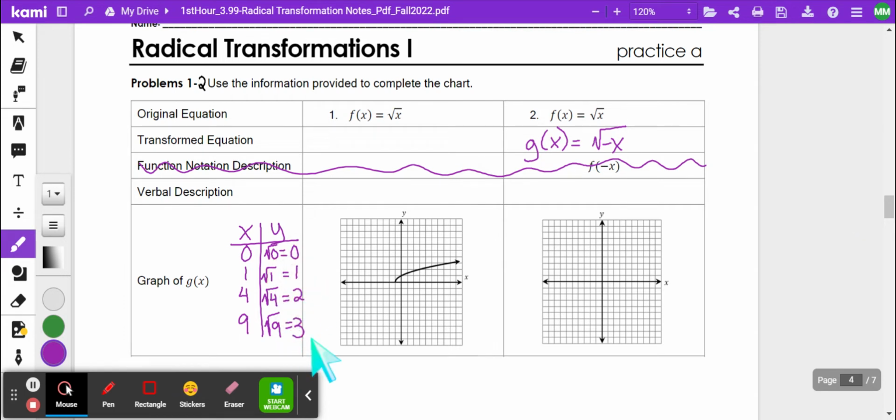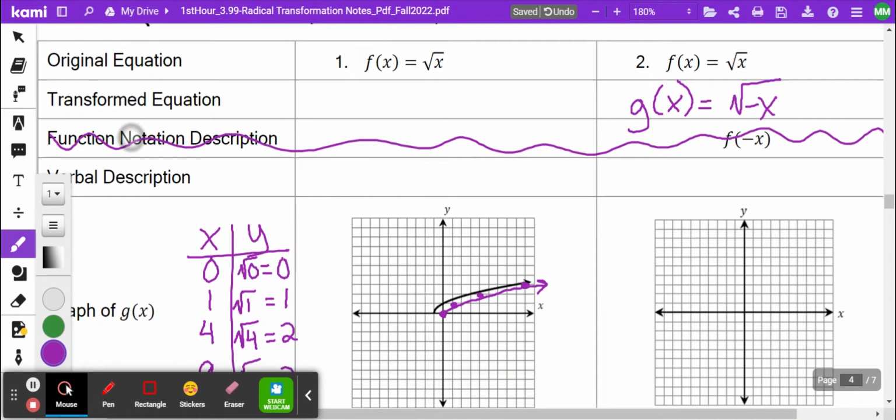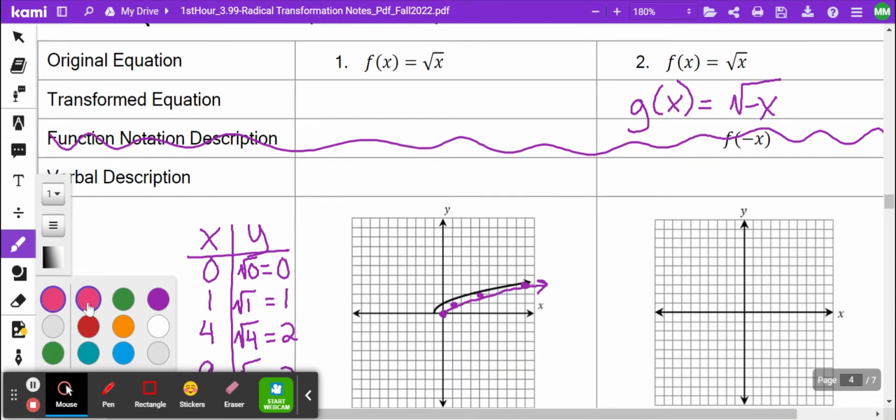So if I think of my original equation at 0, 0, that's the first point. 1, 1 is the next point. 4, 2 would be the next point. And then 9, 3 would be the next point. So if I look at the equation that's drawn versus the equation that I see, the only change that happened was that it shifted 1 to the left.